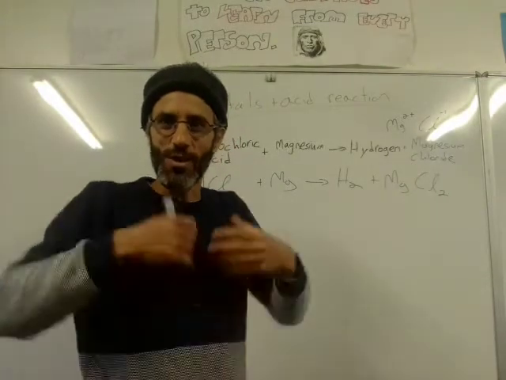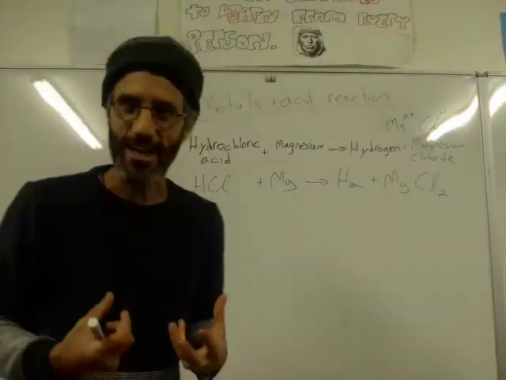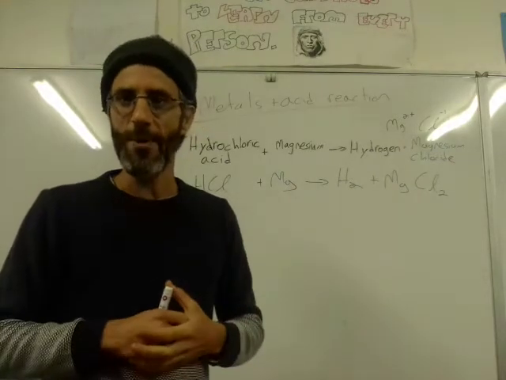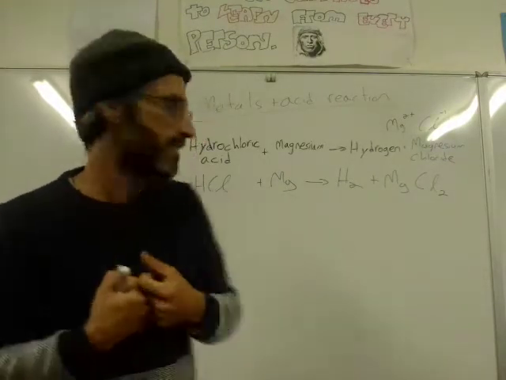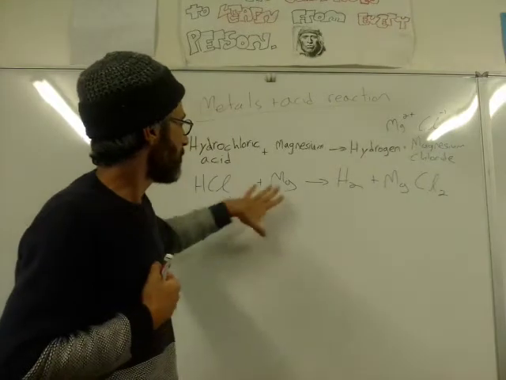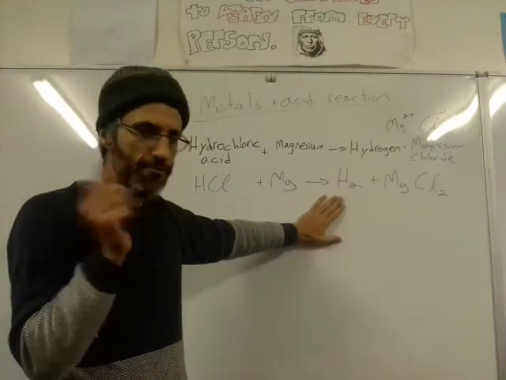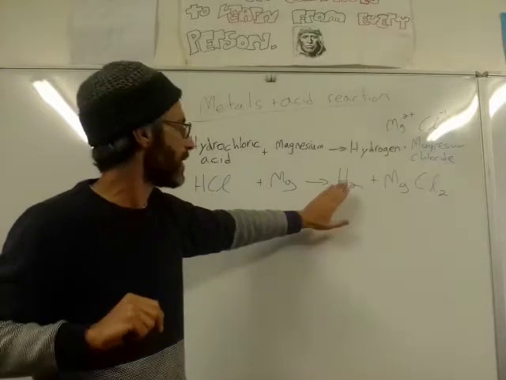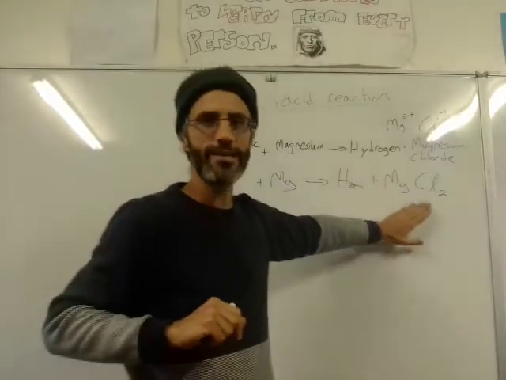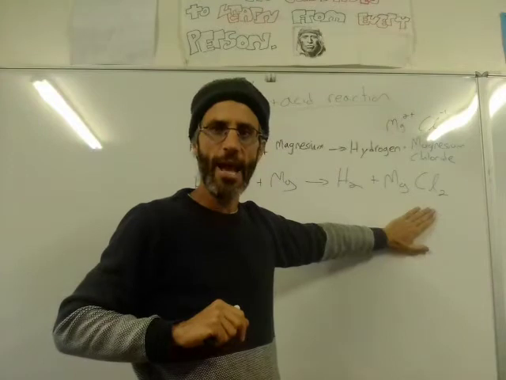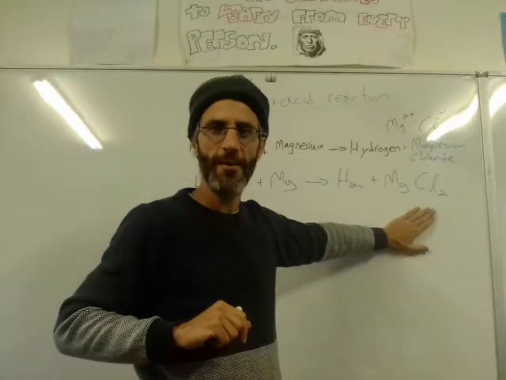Okay? So now you are able to predict what will be the products of a chemical reaction between metals and acid. If I take HCl plus magnesium, Mg, I will always get hydrogen every time. Every time I add metal to acid, I will get hydrogen, and I will get a salt. In this case, MgCl2. Okay?